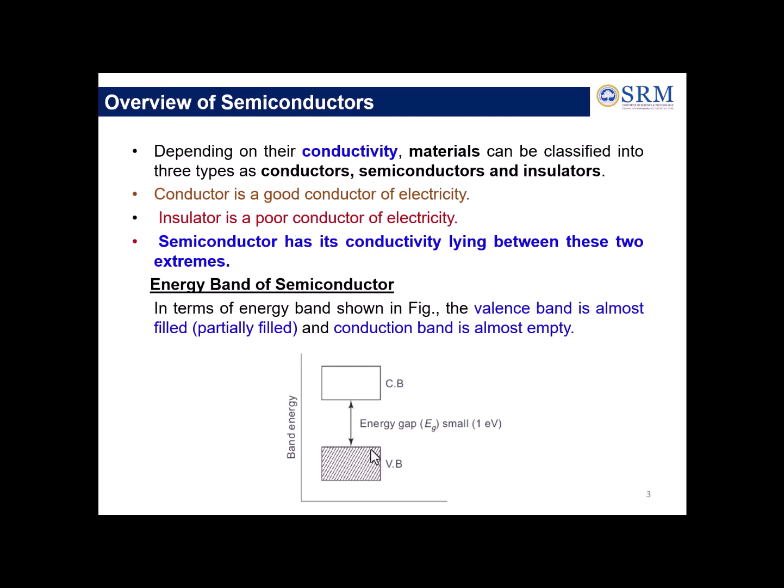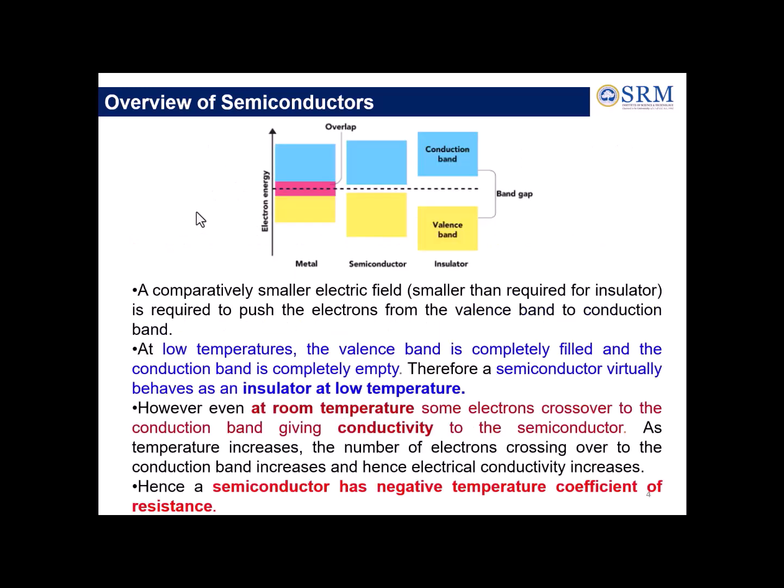Seeing the energy band diagram, we can see the valence band is completely filled or partially filled with electrons, but the conduction band is almost empty, and there is an energy gap between these two bands. Seeing the three different materials, in metal the conductivity is good because the valence band and conduction band are overlapped.